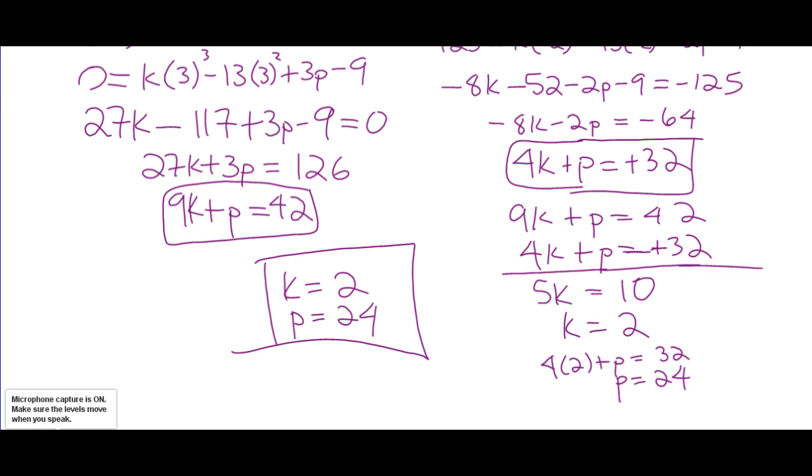All right, if you wanted to check this, you could just go back and substitute in using your value of k and p, throw it into your calculator, and just go 2 times 3 cubed minus 13 plus, etc. Just see if you get 0. Same thing over there, see if you get 125.